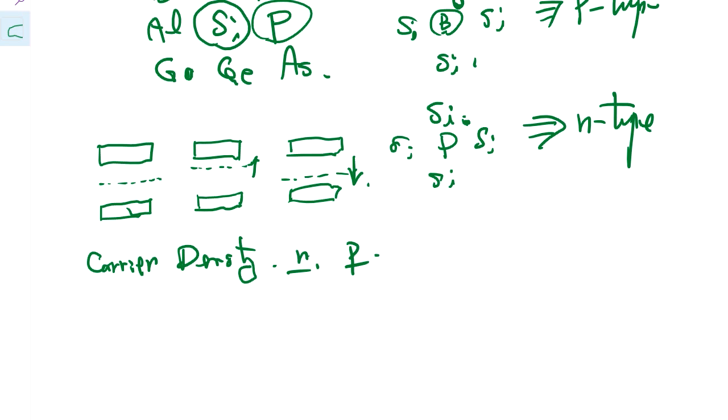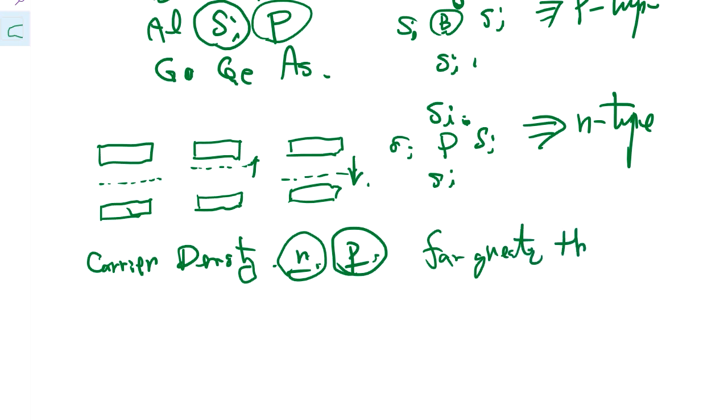This impurity, the density of the electron carrier and hole carrier created by impurity is far greater than intrinsic carrier generated purely by silicon and temperature.